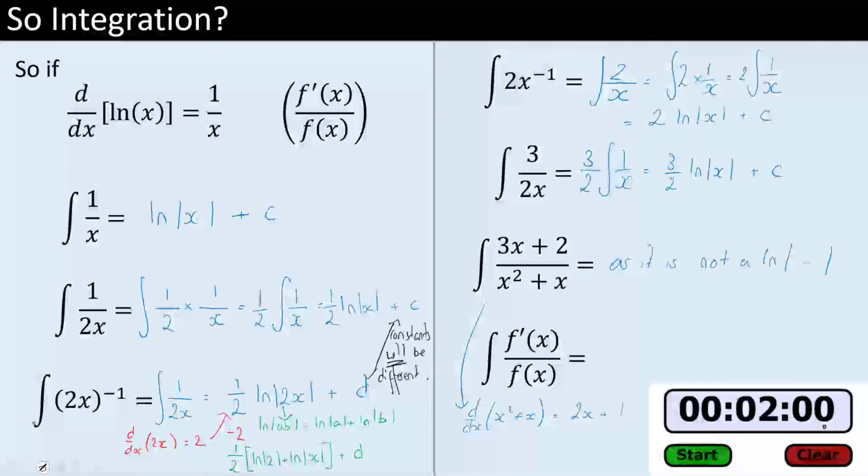So I'm going to erase the ink that I've got there. If you want that, you're going to have to rewind it and pause it for a second. I'm going to erase this down here as well. And what we're going to change this question to is 4x plus 2.